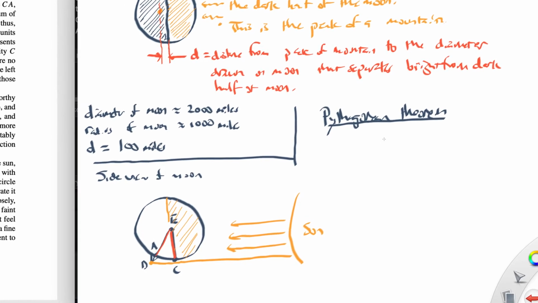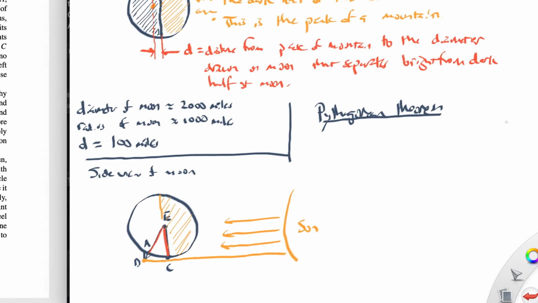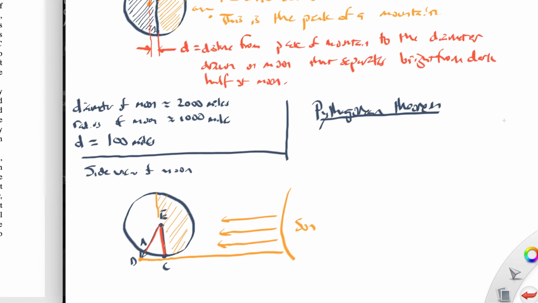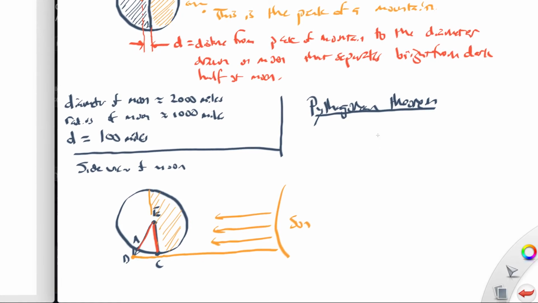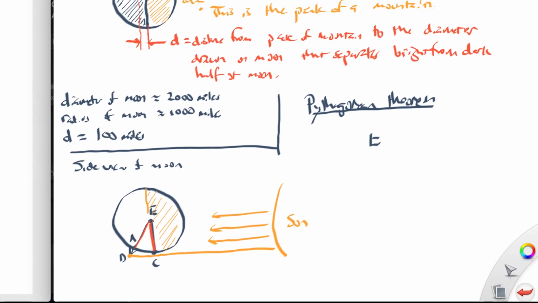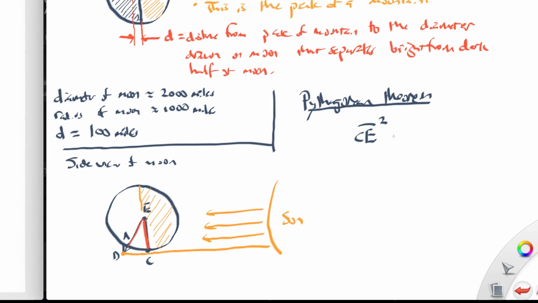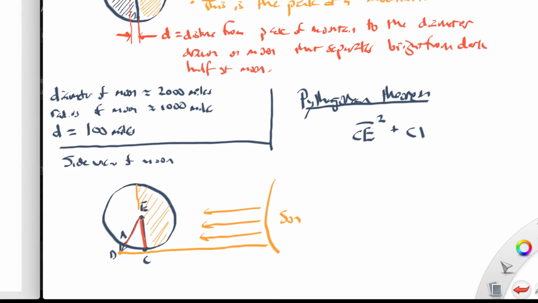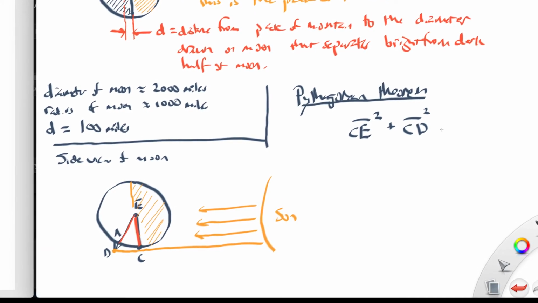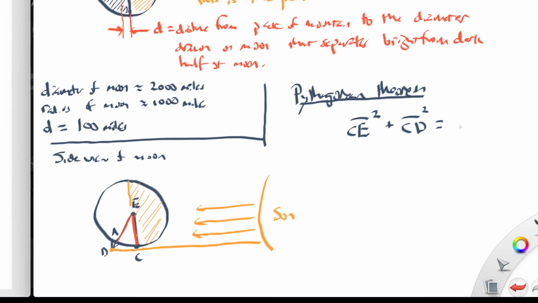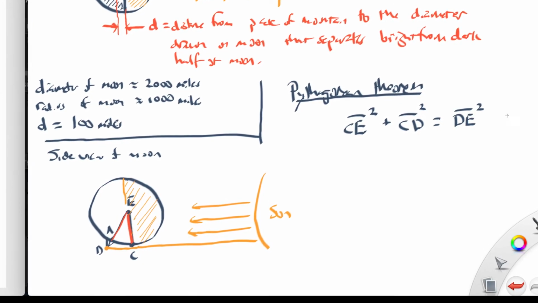Remember, for a right triangle, the sum of the squares of the sides is equal to the square of the hypotenuse. So if we look at that triangle I've drawn there, the line segment CE squared, plus the line segment CD squared, should be equal to the hypotenuse DE squared. That would be the Pythagorean theorem.